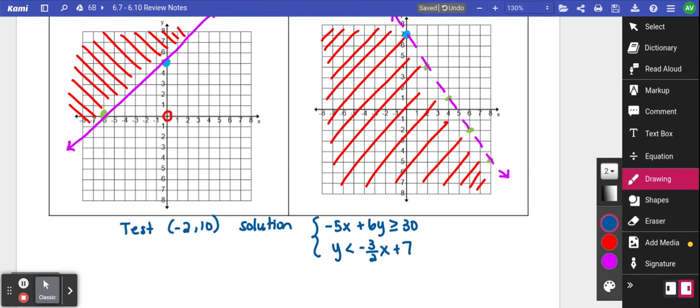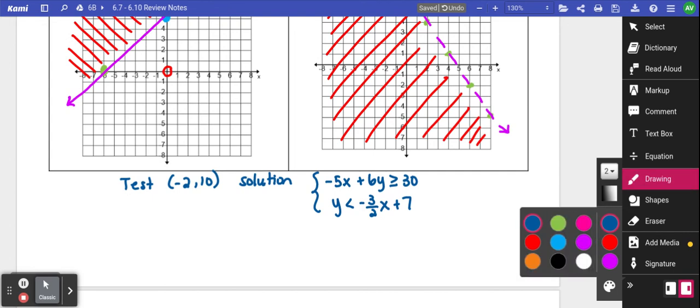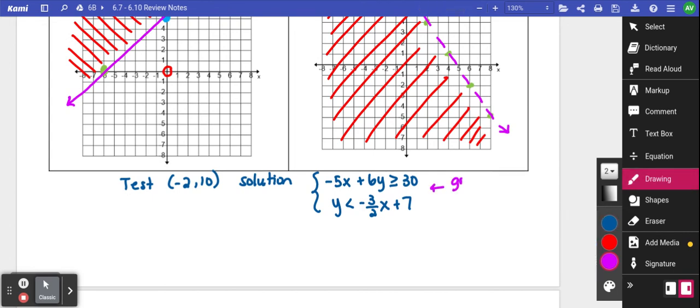Now, if I treated this like a system, then my graphing strategies would be the same, but I would need to graph both at once on the same graph and find the intersection area. Find where those areas that we shaded overlapped.